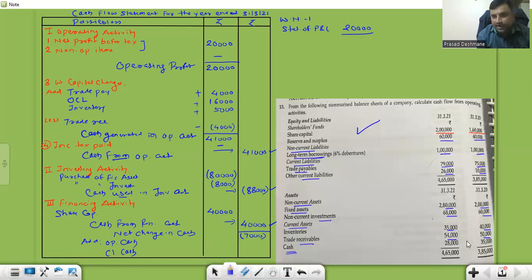Opening means previous year cash. See, what is the previous year cash? It is 35,000. So I'll add that 35,000. So 7,000 negative and 35,000 positive is 28,000 positive. And it's matching with the closing cash, 28,000. That's it for the cash flow statement. I hope everyone understood how to deal with the cash flow statement.